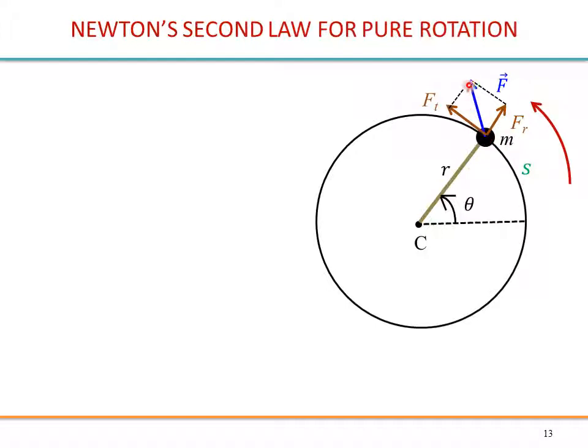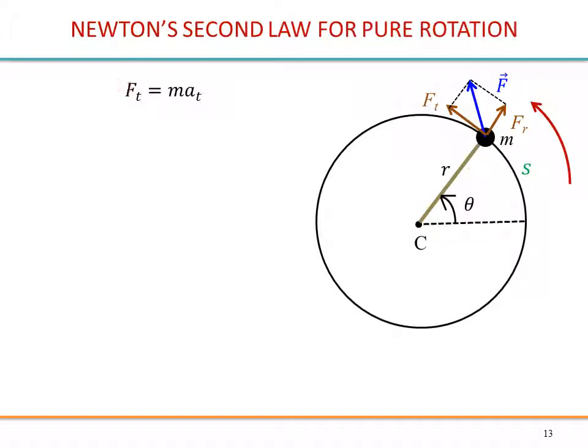There is an additional force F here, and it can be decomposed into a tangential and a radial component. So let's apply Newton's second law for linear motion along the tangent line here. So we have Ft equals m a t. So we are studying rotation, so it would be nice to have a torque showing up in this equation.